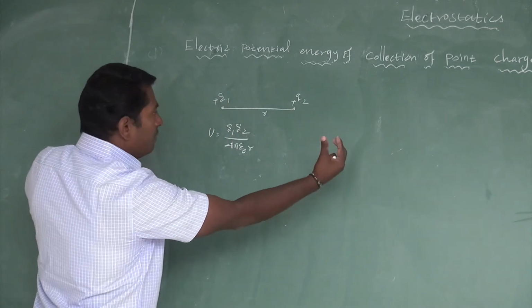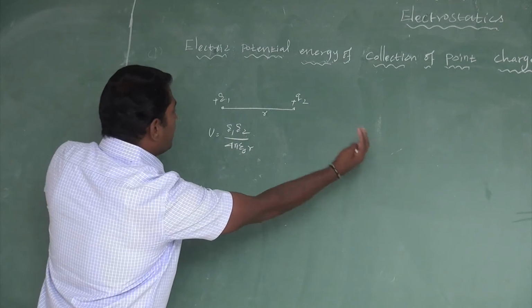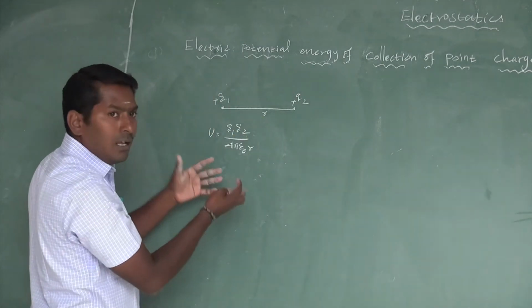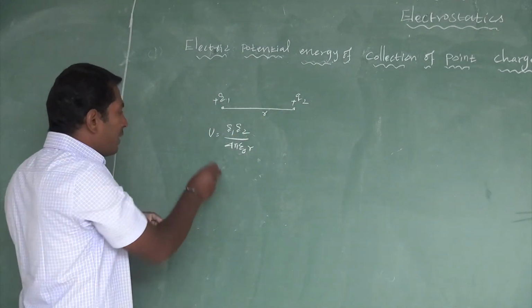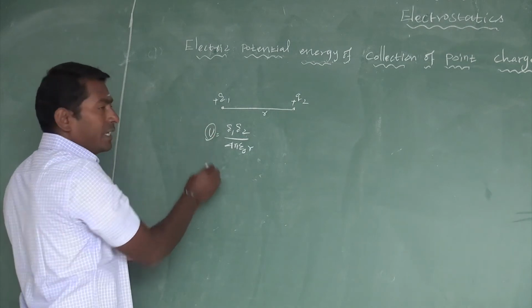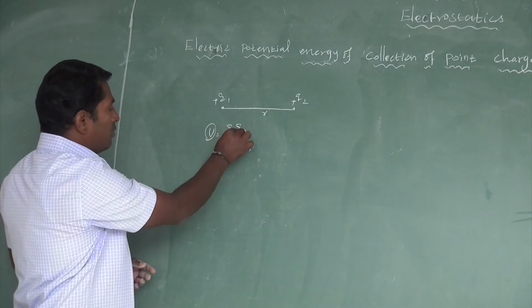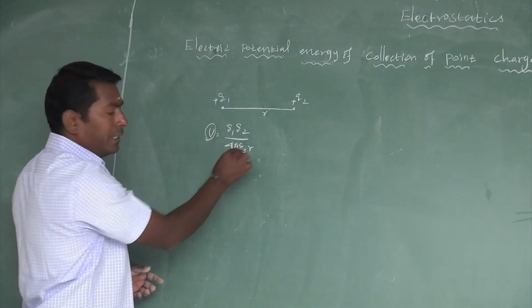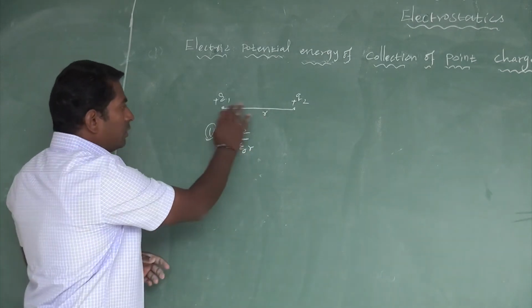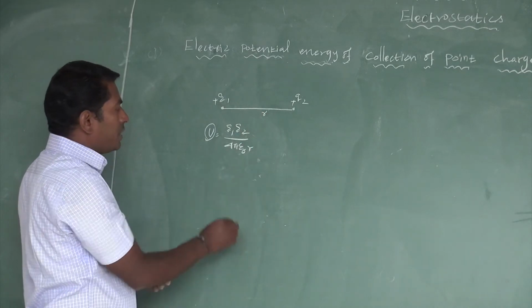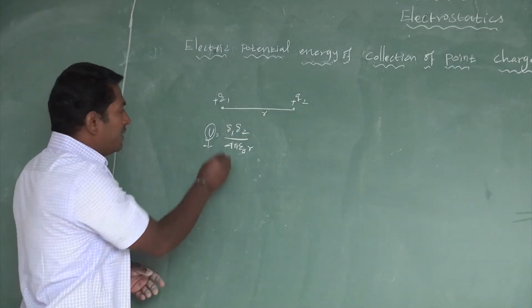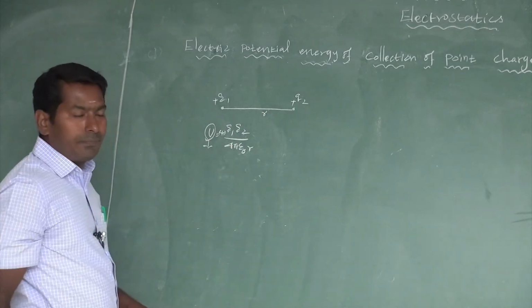In order to overcome the repulsive force, work has to be done to assemble both charges at a distance r. That work done is stored as electrostatic potential energy between two point charges, U equals Q1 Q2 divided by 4 pi epsilon naught r. Since both are positive, the electrostatic potential energy is positive.